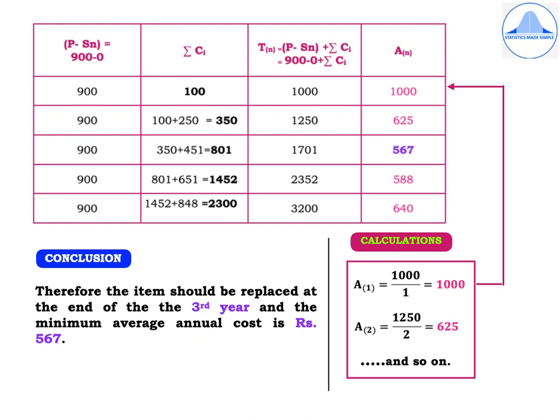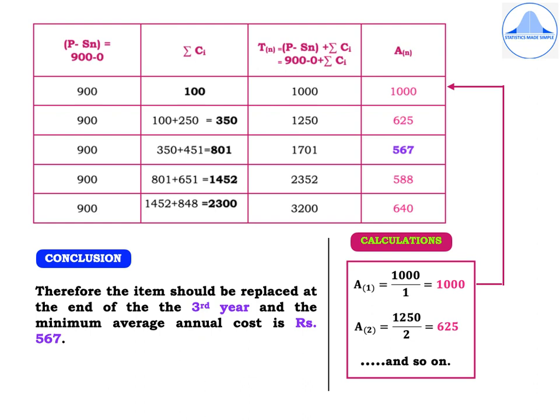So now observing the values in the last column, we see that the values start decreasing from 1000 to 567, and after that it increases to 588 and 640. So from here we can conclude that the minimum average cost is rupees 567, and then you also check what is the corresponding year. It will be the third year.